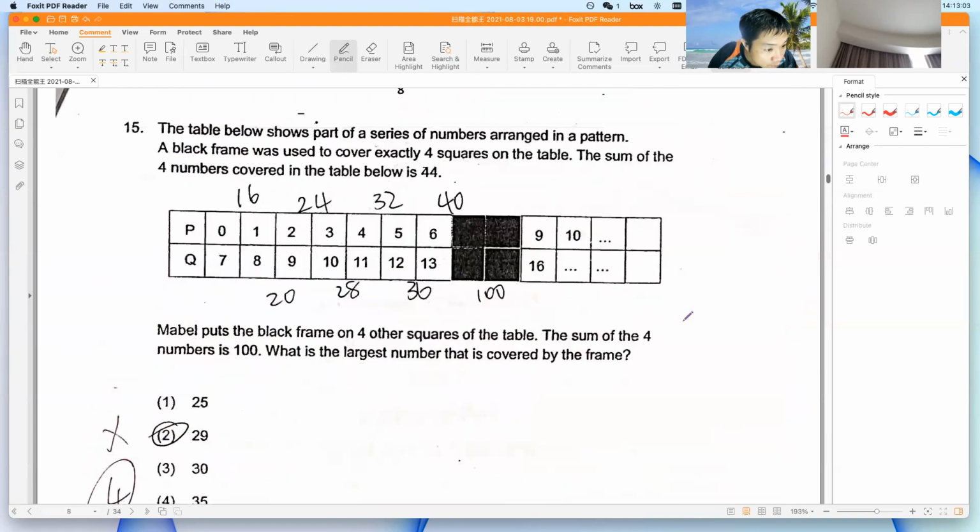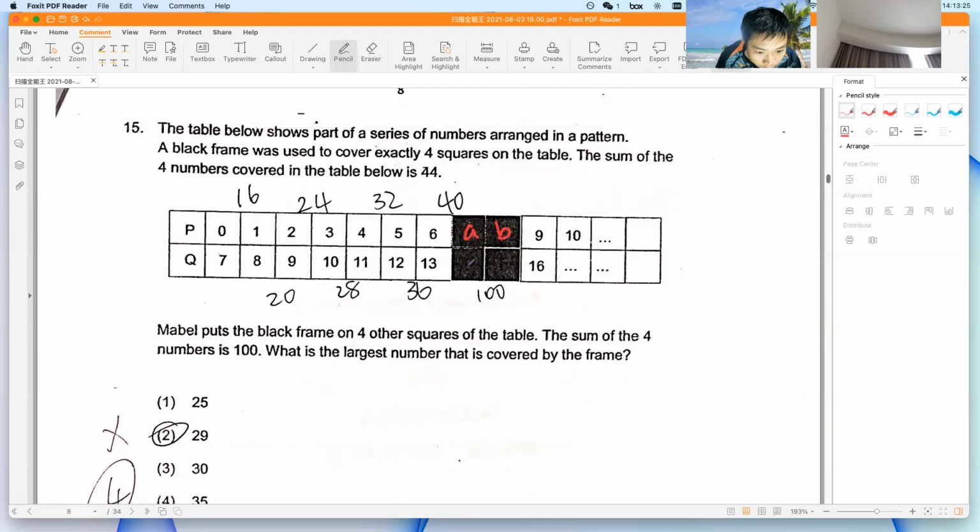Question 15. So over here, what it says. Series of numbers. A black frame was used to cover exactly 4 squares. The sum of the 4 numbers covered in the table below is 44. So they add up to 44. Let's say you let it be XYZ. It's not enough, so I just use ABC.